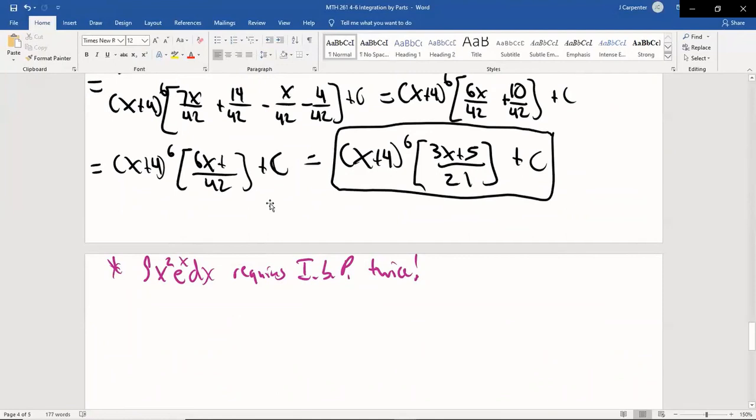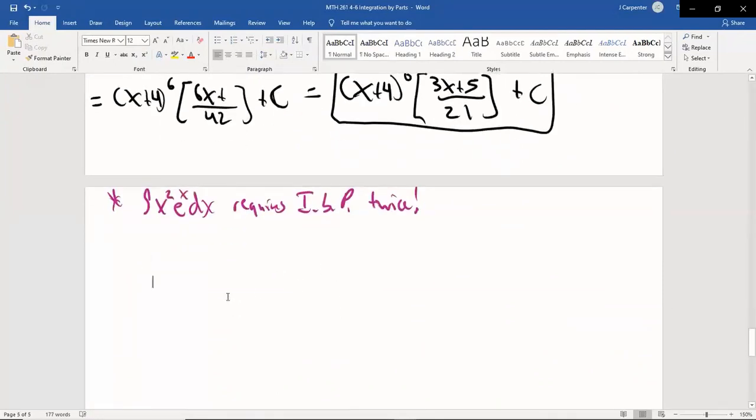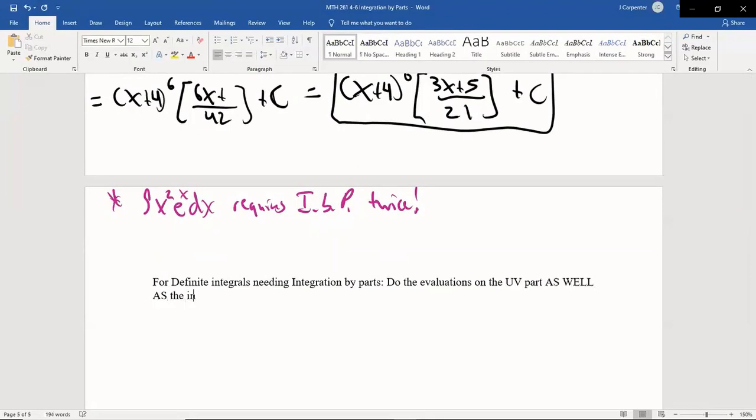Okay, so those were all indefinite integrals. We've also seen definite integrals, so what do we do? Definite integrals needing integration by parts: do the evaluations on the uv part as well as the integral of v du.